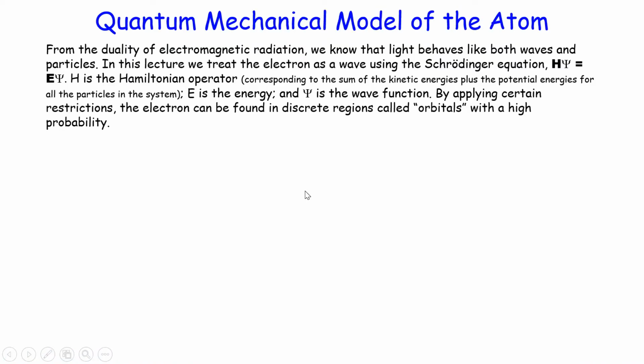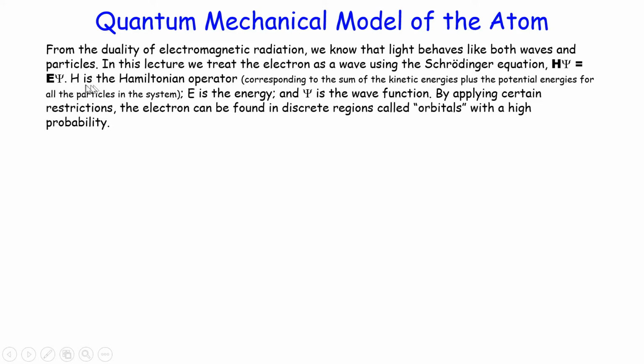So first we are going to talk about the quantum mechanical model of the atom. Here we are going to use the Schrödinger equation, Hψ = Eψ, to describe electrons and electron orbitals.